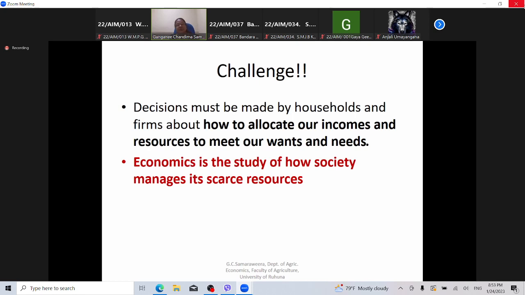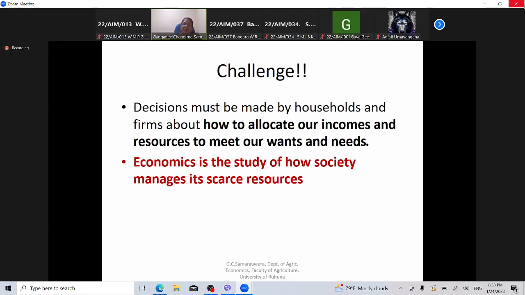Like producers need to take the highest profits, but consumers need to take highest satisfaction. Then producers, in order to take the highest profits, how do they need to sell their products?